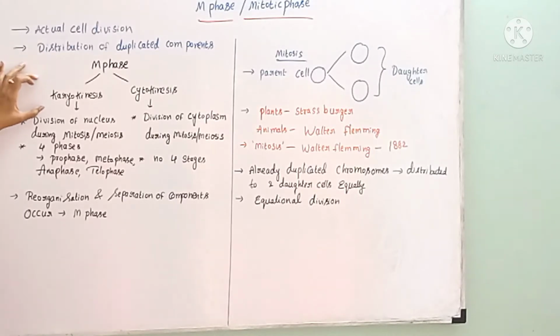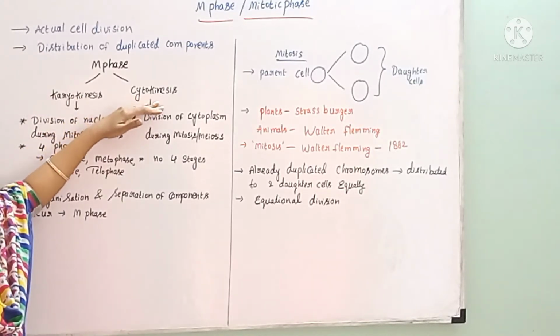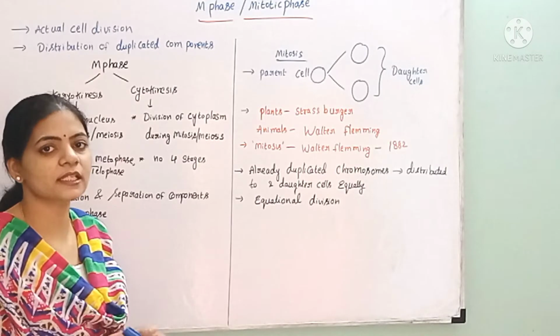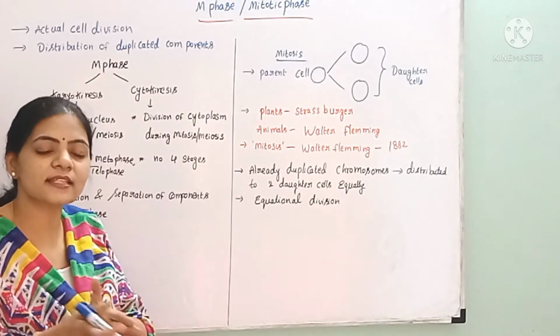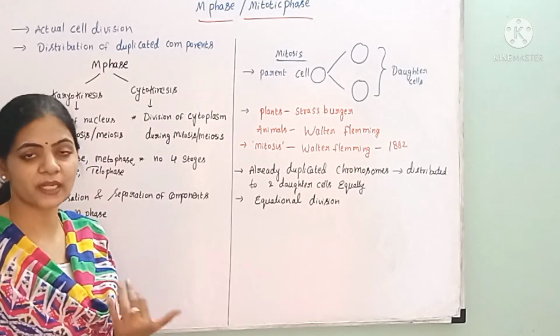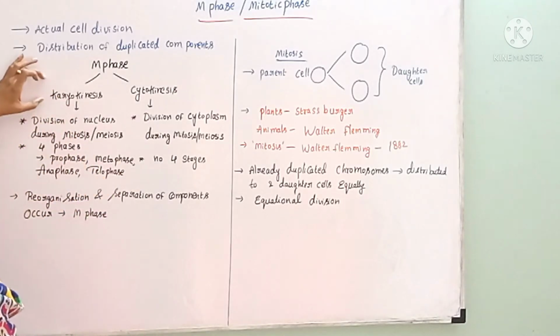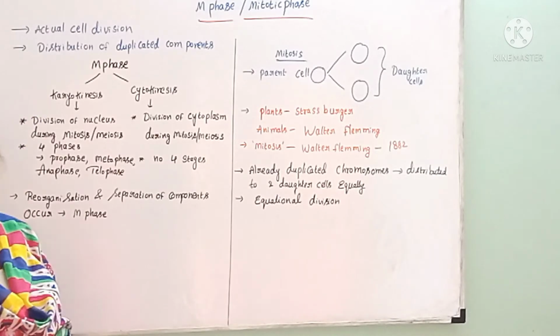One is karyokinesis and the second one is cytokinesis. First, karyokinesis occurs. What is meant by karyokinesis? Karyo means nucleus, kinesis means movement. Here, movement of the nucleus. That means the division of the nucleus occurs.